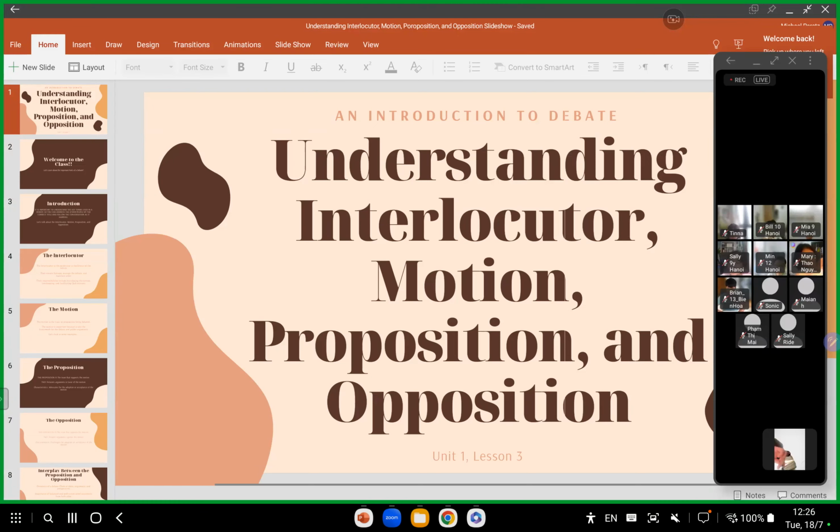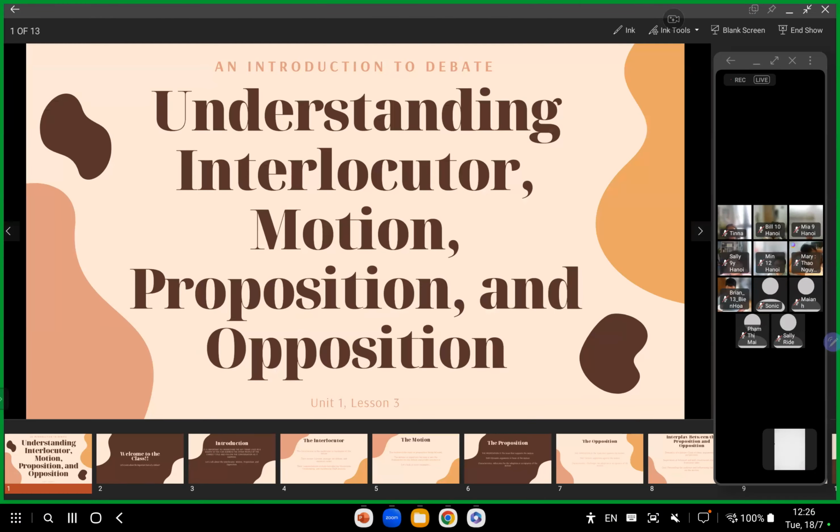Okay, so after talking about the basics of the interlocutor, motion, proposition, and opposition in our first bit of revision, I'm just going to go into a little bit more detail.